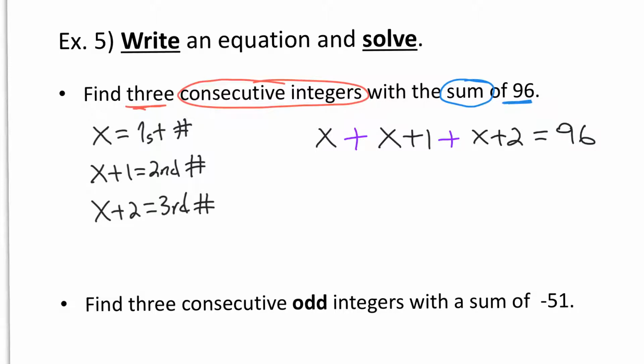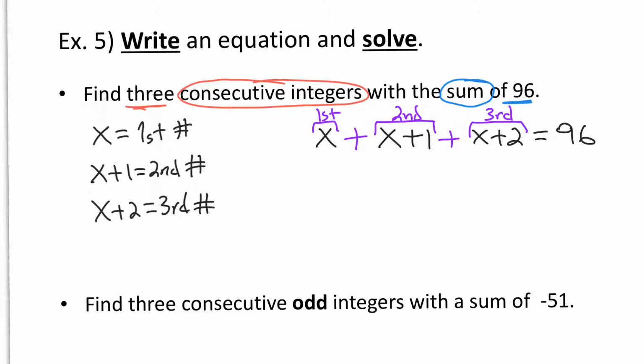I'm just going to label those terms so you know what we're talking about. This one here is my first number. This one here is my second number. And this one here is my third number. Whatever the numbers are, they have to add up to 96.